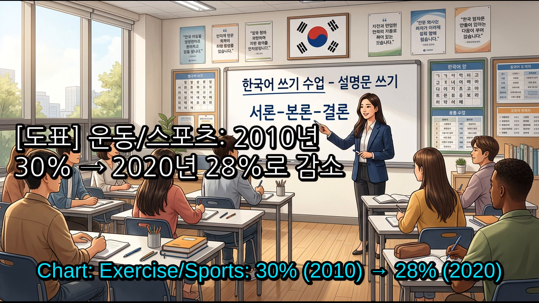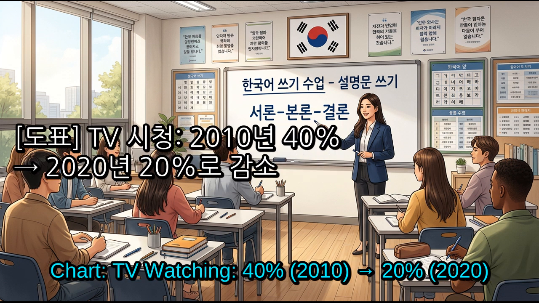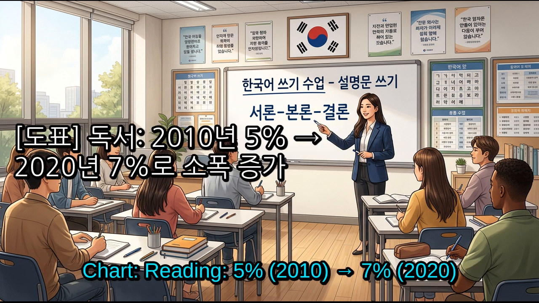Exercise and sports, 30% in 2010, decreased to 28% in 2020. TV watching, 40% in 2010, decreased to 20% in 2020. Reading, 5% in 2010, slightly increased to 7% in 2020.